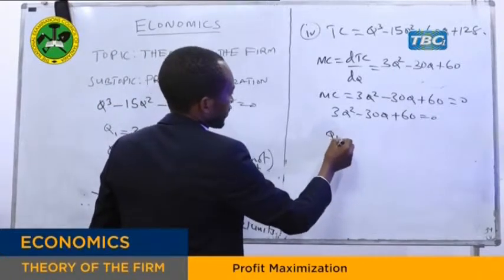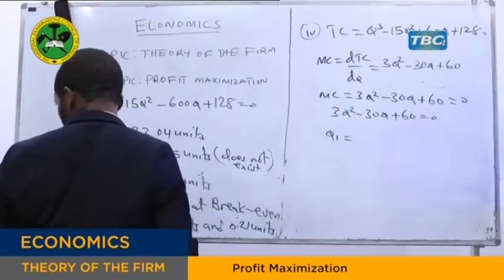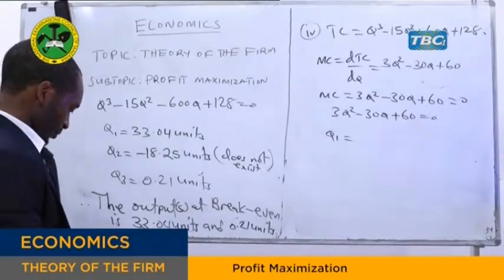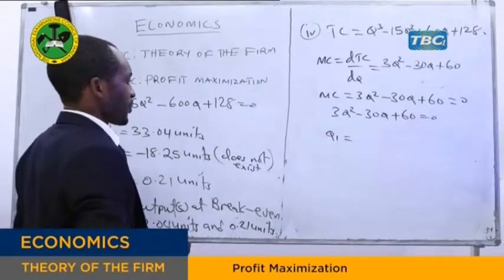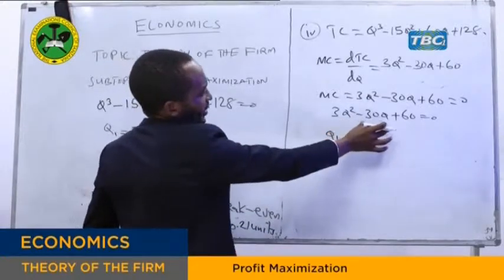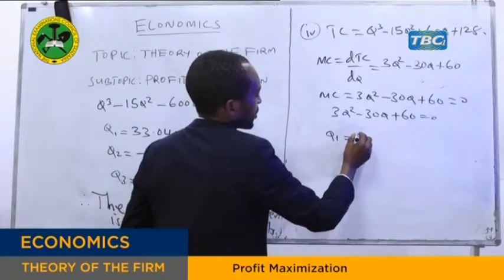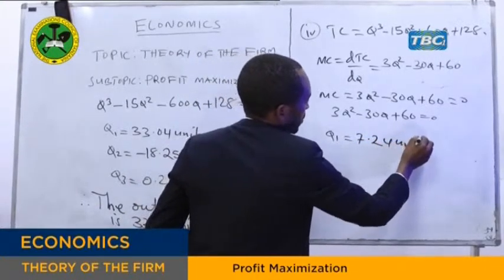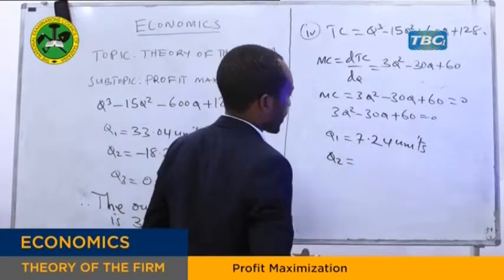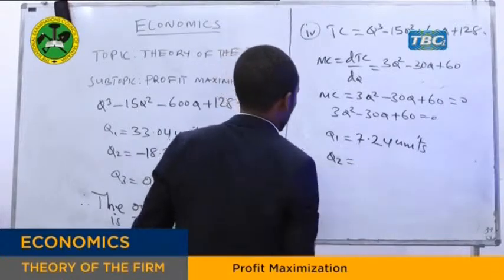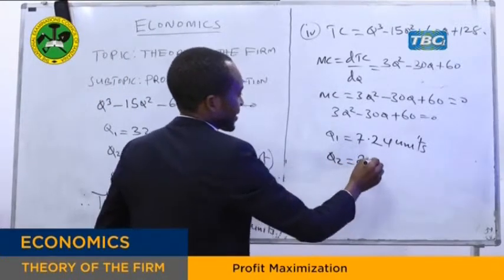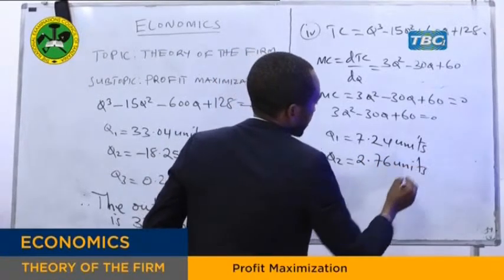You will get Q1. So when you solve this quadratic equation, Q1 will be equal to 7.24 units and Q2 will be equal to 2.76 units.